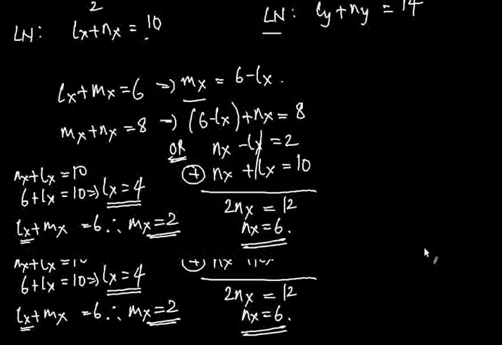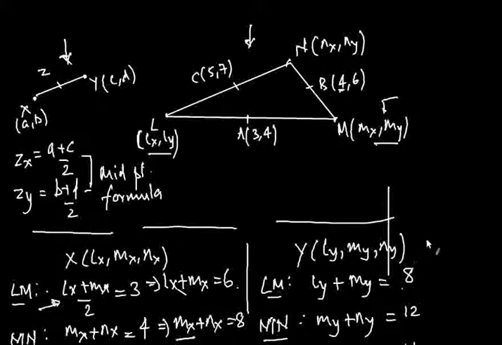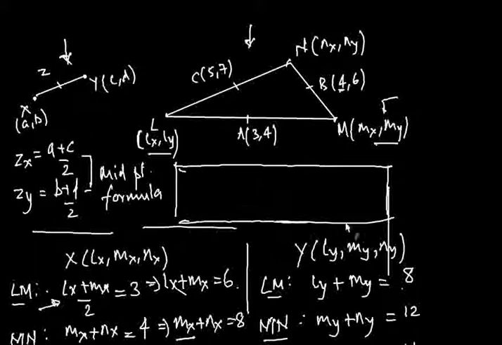So let me create a space where I collect these results. Let me just section out an area over here. I'm going to write everything that we get in this box. So I've got L, which is equal to something, M, which is equal to something, and N, which is equal to something.